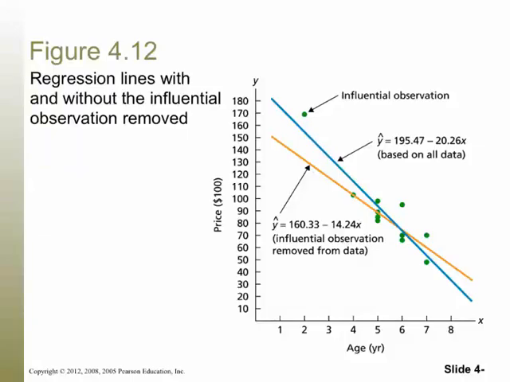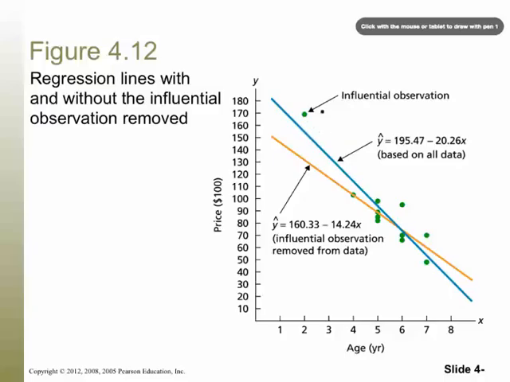Notice that this observation here is kind of out of the mainstream of the pack. Most of the data observations are from 4 to 7, but this one is far away in X from all the rest.